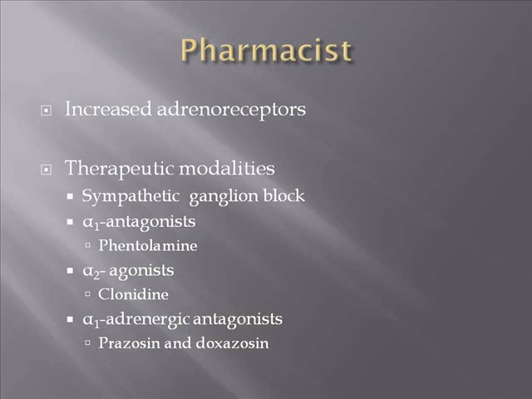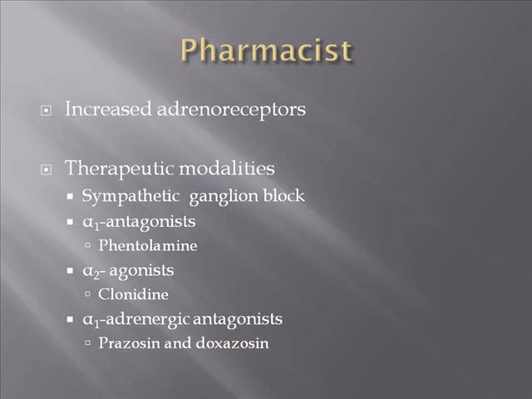Therefore, when we're thinking about pharmaceuticals, therapeutic modalities such as a sympathetic ganglion block that blocks the sympathetic nervous system, alpha-1 antagonists, so again, blockers of the sympathetic nervous system, so a medicine would be phentolamine, that would be by injection, or things like topical alpha-2 agonists, which are clonidine, and these alpha-2 agonists reduce the norepinephrine release.